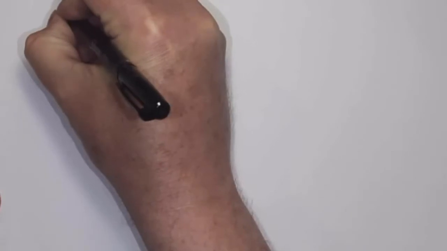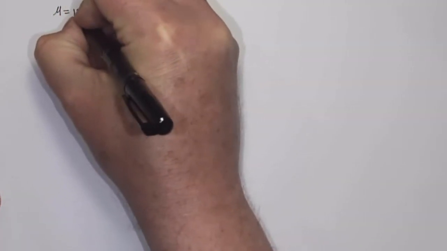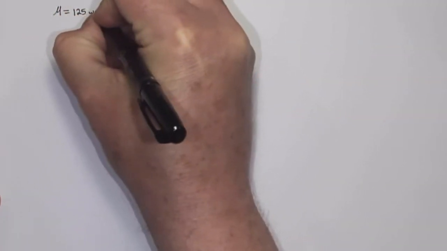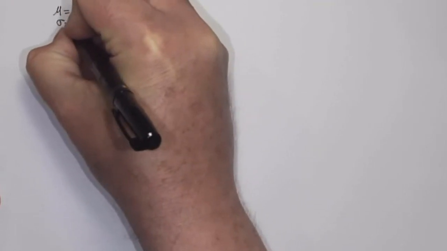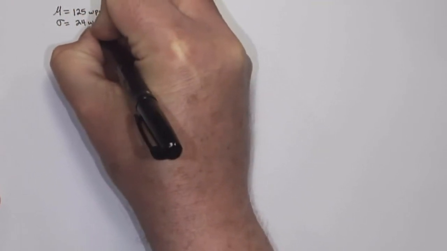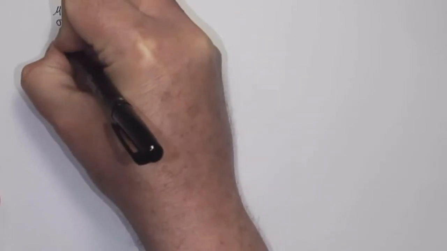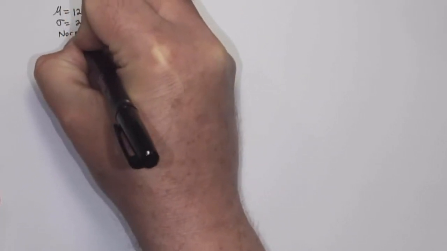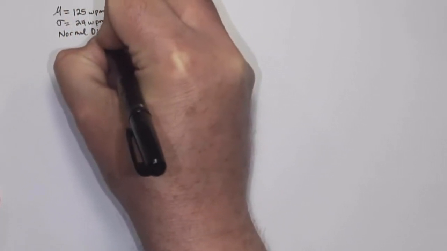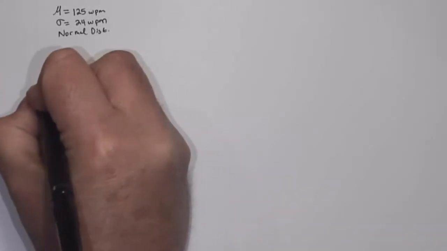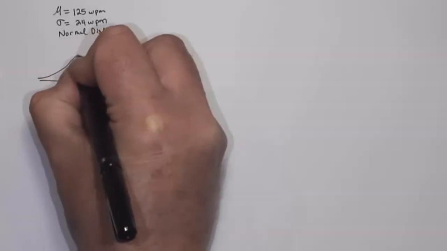So again, we know that the mean is 125 words per minute. We know that the standard deviation is 24 words per minute. And we know that we have a normal distribution. So the distribution is going to look like this.